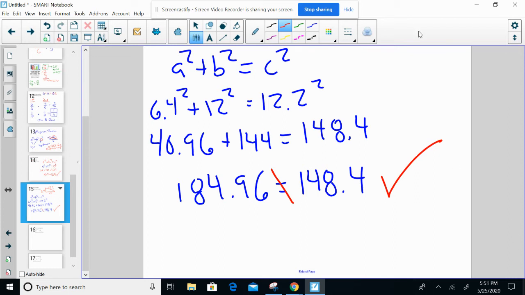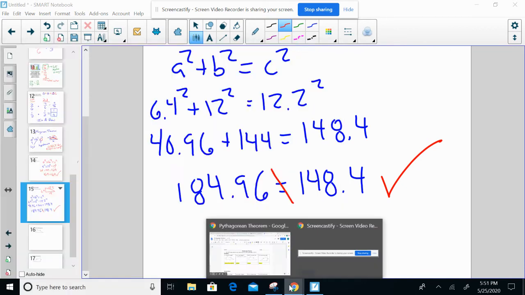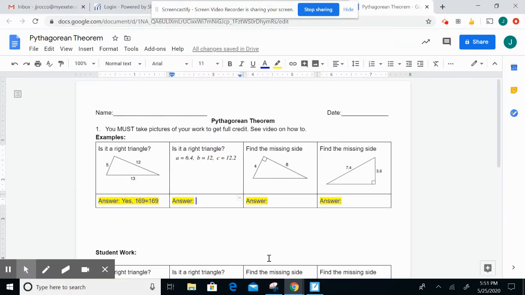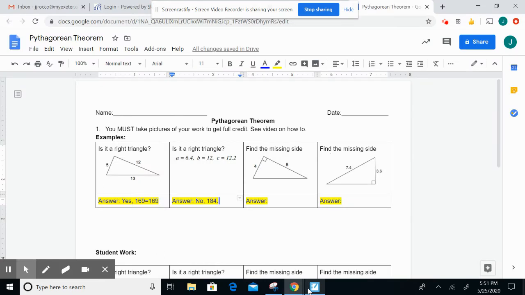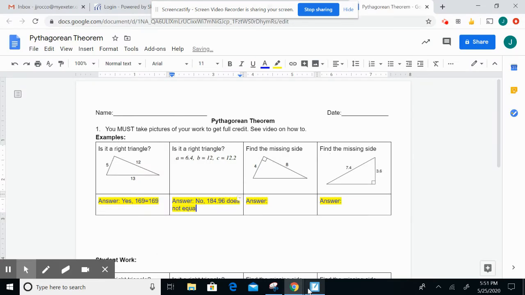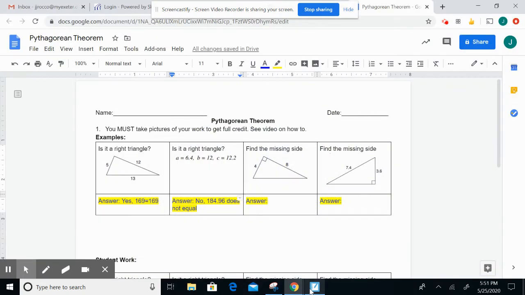So I would want you to type no, 184.96 does not equal 148.84.